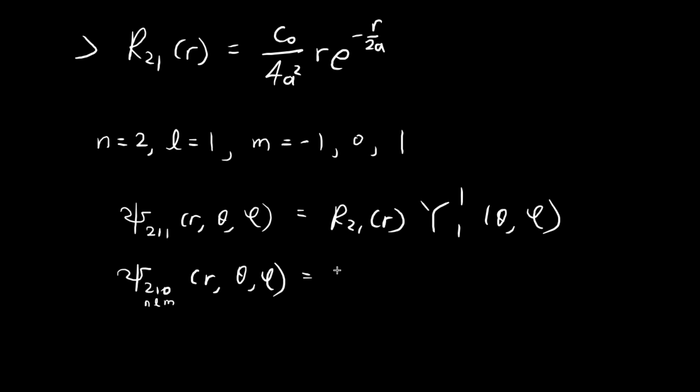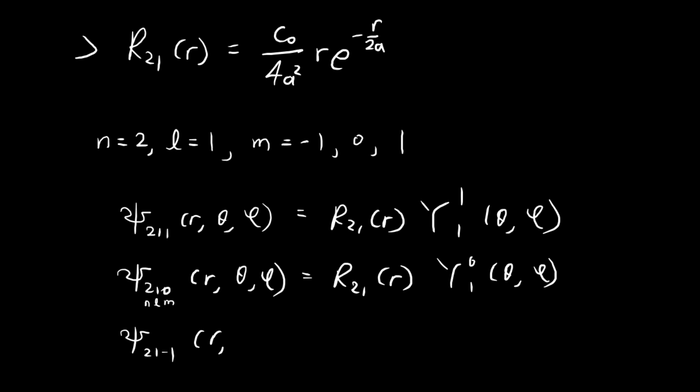For this case, we can construct this function by considering R21 multiplied by Y10 of theta, phi. And then the third case is when psi has the quantum numbers 2, 1, and -1. For this case, it's going to be equal to R21(r) times Y1,-1 of theta, phi.